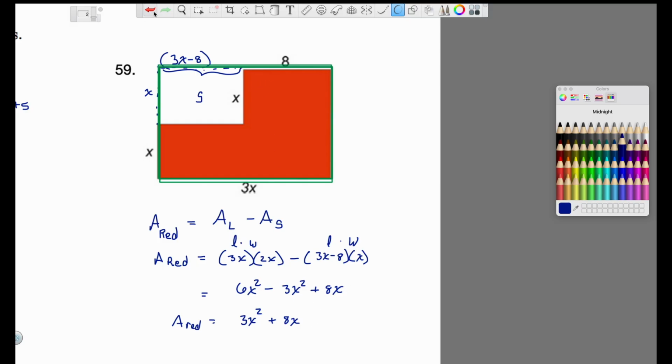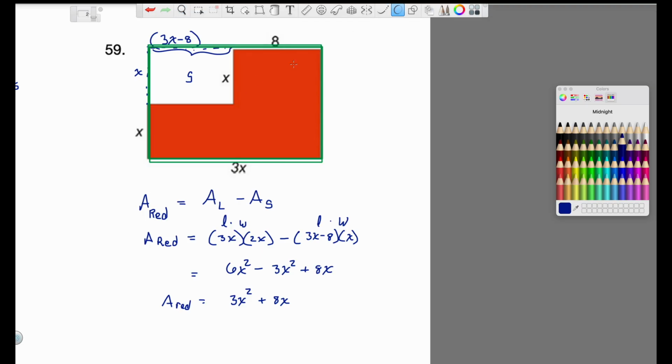Let's see, could I have done it another way? I know this small piece right here is 8 times x, length times width, so 8x.